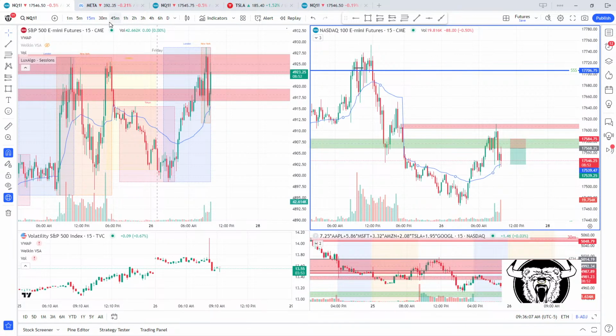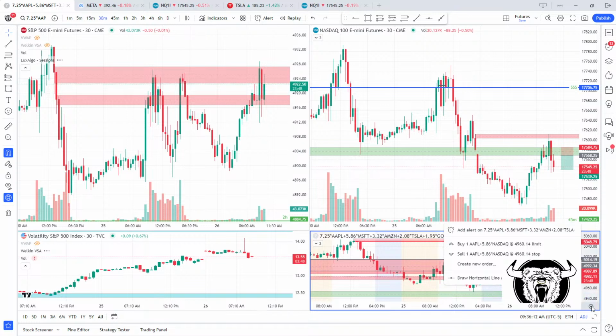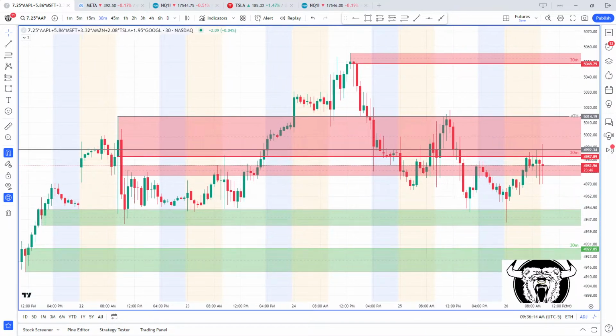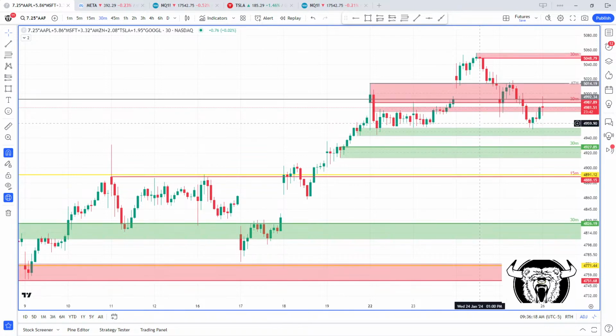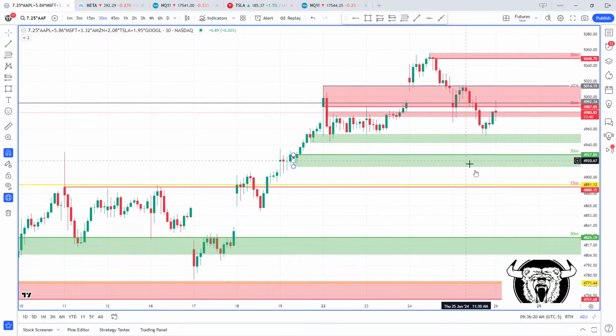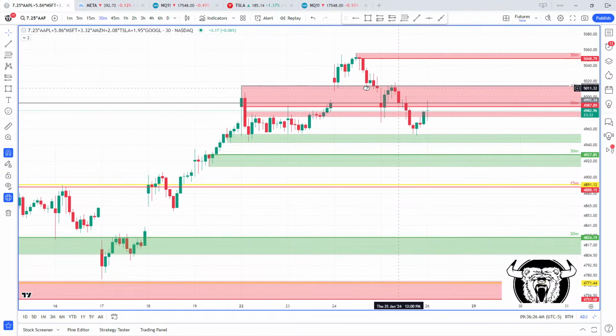I do need to create some new zones on the weighted indice though. So let's zoom into this real quick. This is one of my bread and butters of trading. I need this weighted indice up if I'm trading NASDAQ. I don't need it, but I use it very often and frequently. I would 1000% recommend it if you trade the NASDAQ.